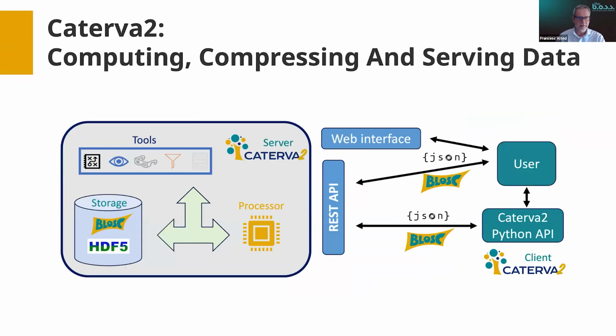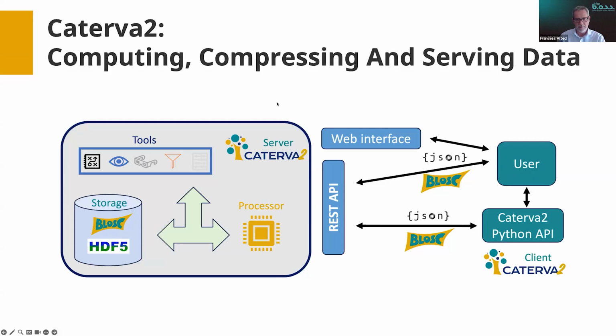For doing that, we have made a Caterva2 server, which is completely open source, that can understand different formats, specifically Blosc and HDF5, in order to store big datasets, and then a series of tools that allow computation, visualization, or data filtering as well.